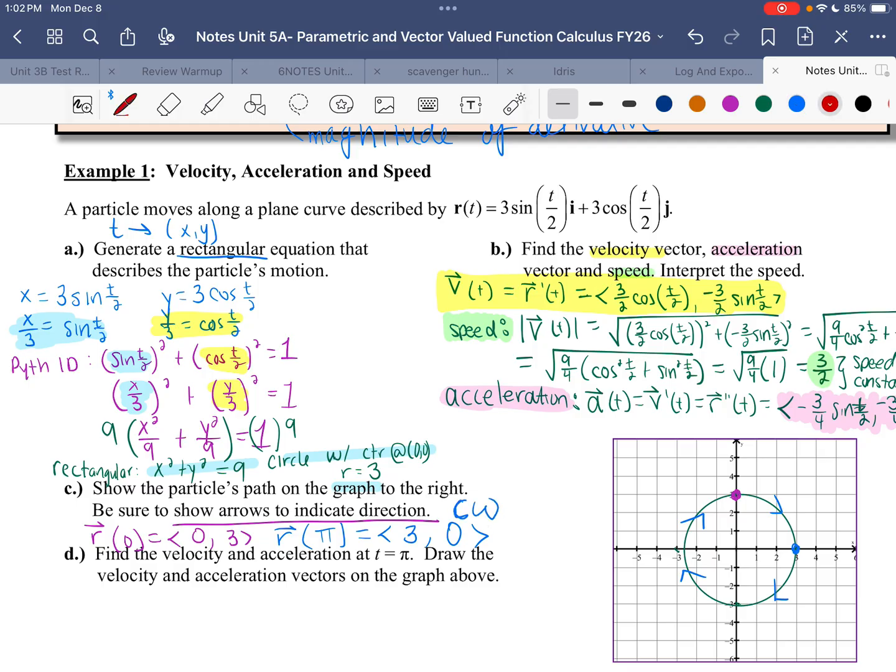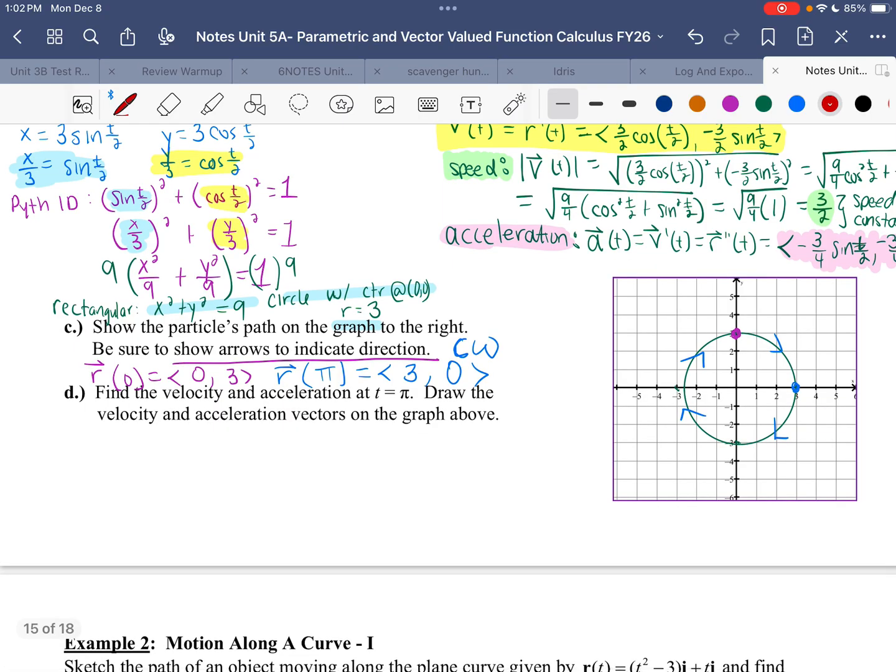All right, and our last thing we're going to do for this problem is find the velocity and acceleration at t equals pi. Draw the velocity on the graph above. Really, it's to the right, but whatever. So the first thing you have to do is find r at pi, which we just did.